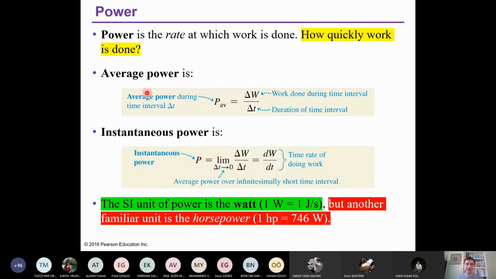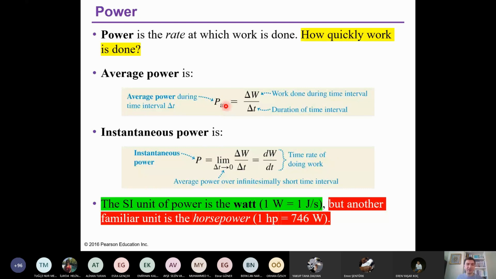We have two equations. The first one is for average power during the time interval delta t. Average power is given by the work done during the time interval over the duration of the time interval delta t, like other definitions of average velocity, average acceleration, average displacement.